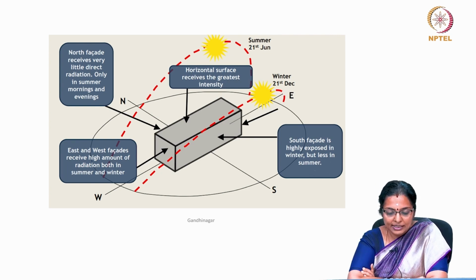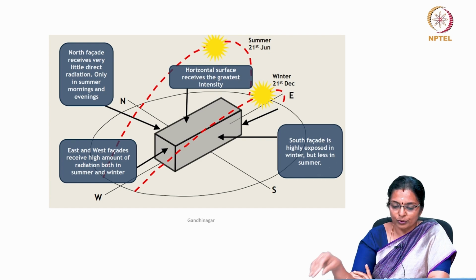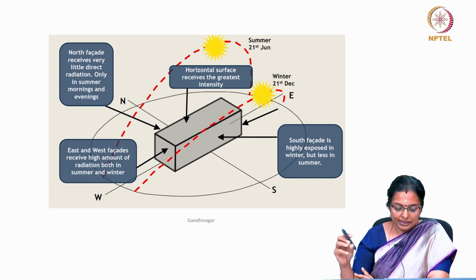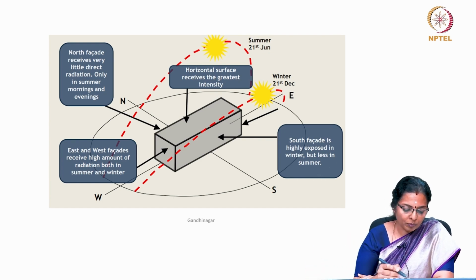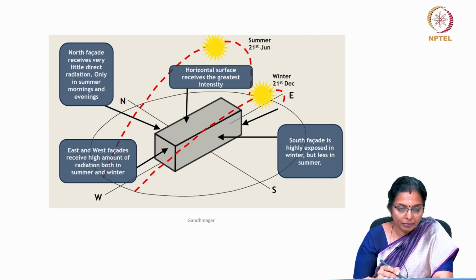Let us take the example that I have shown here. This is the case of probably a building design that could come up in Gandhinagar in Gujarat, India, and you can see which is the best orientation and how it works.